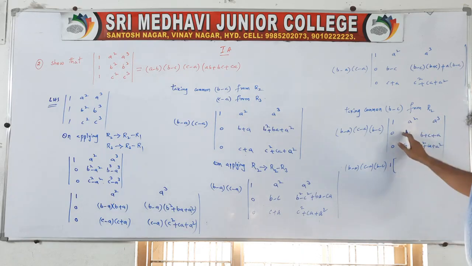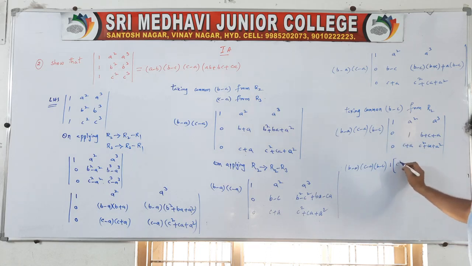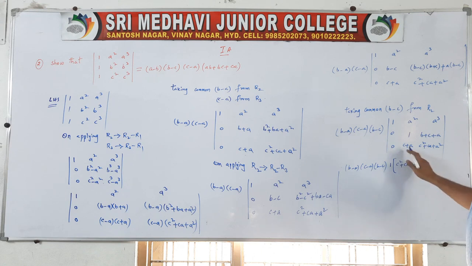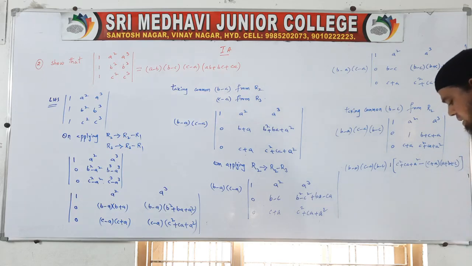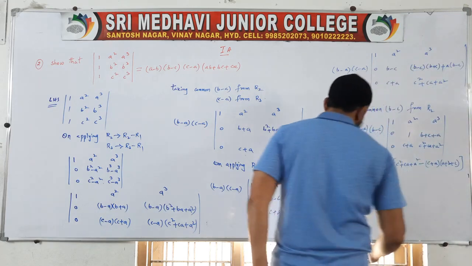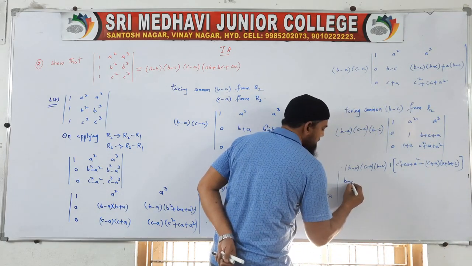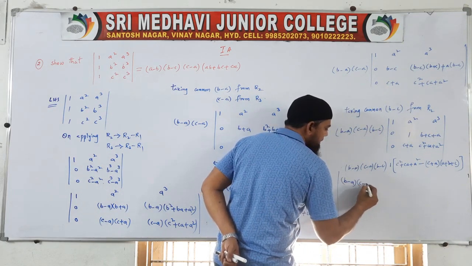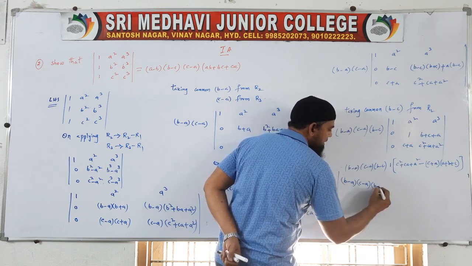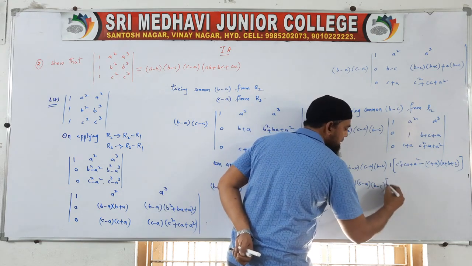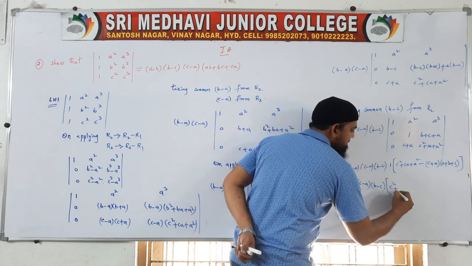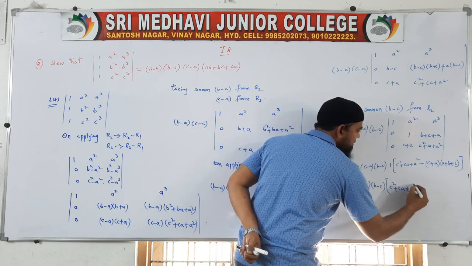When I apply the formula, 1 into this one, you will get C square plus CA plus A square minus C plus A within the bracket. This total is taken as A plus B plus C. See this calculation carefully. B minus A, C minus A, B minus C, C square plus CA plus A square.